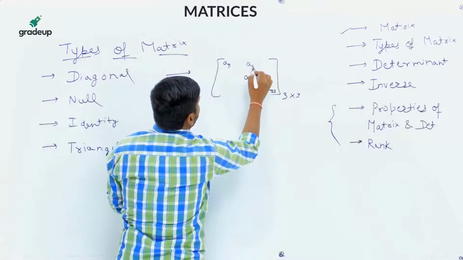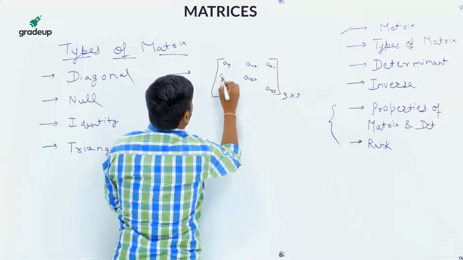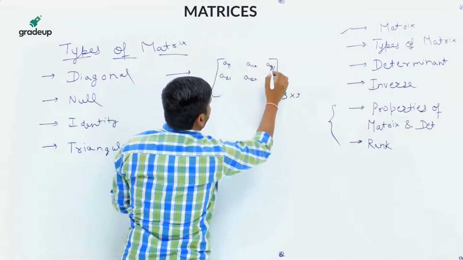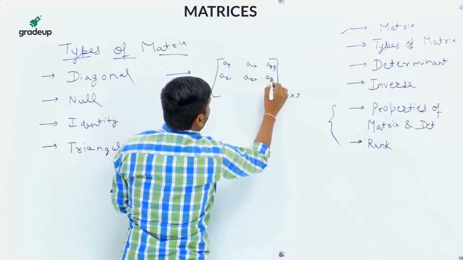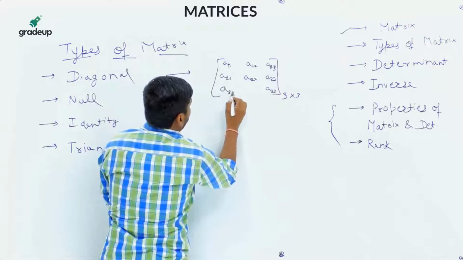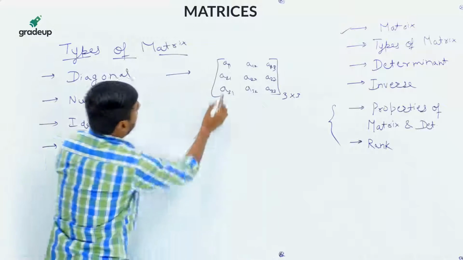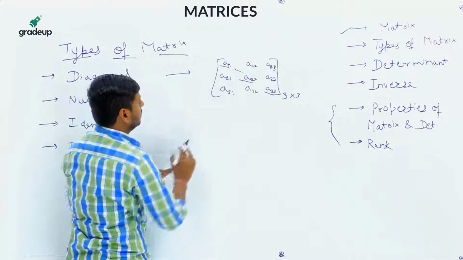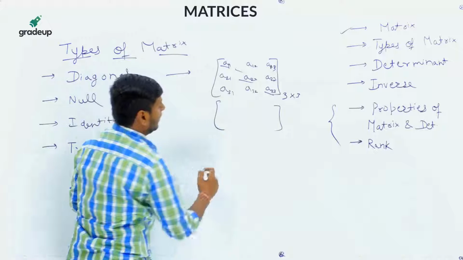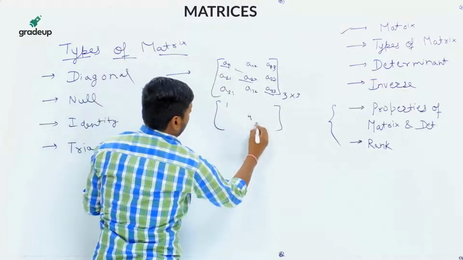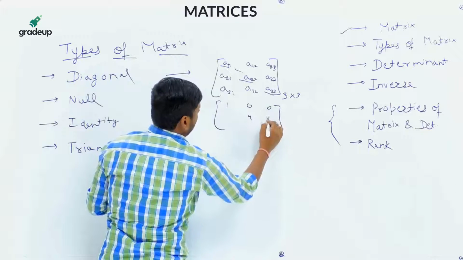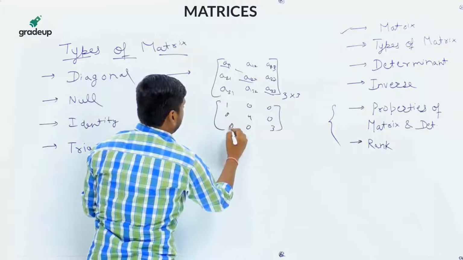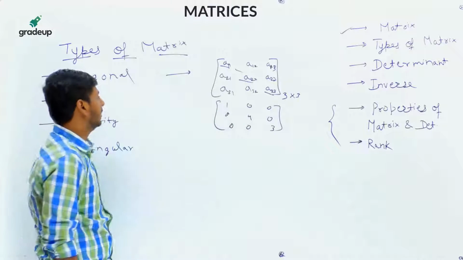All these elements A12, A13, A21, A23, A31, A32, will be 0 while only the diagonal elements will have some value. So the example of a diagonal matrix is 1, 4, 3, while all these other elements are 0. So this is one example of a diagonal matrix.